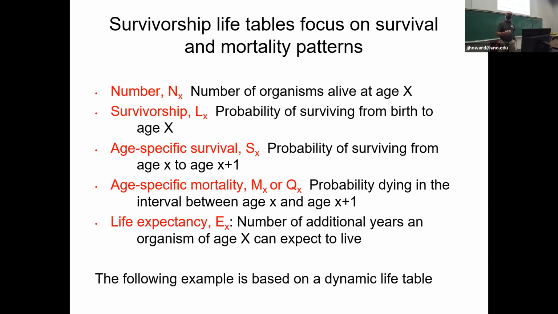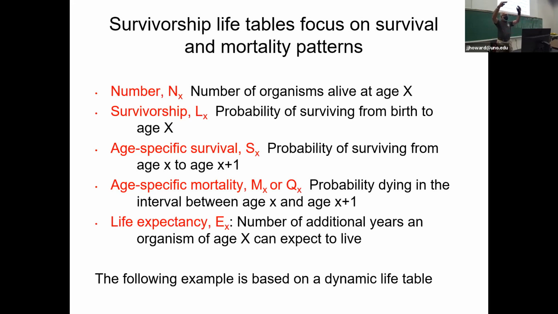So you have about a 90% chance of surviving from birth to the age of 20 if you're a human. And it's going to be higher in some societies, it's going to be lower in others, but it's from birth to whatever that X is. That's the age.